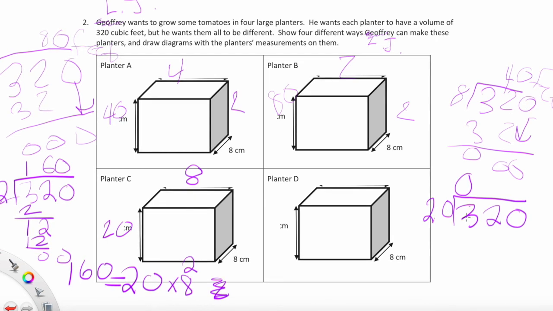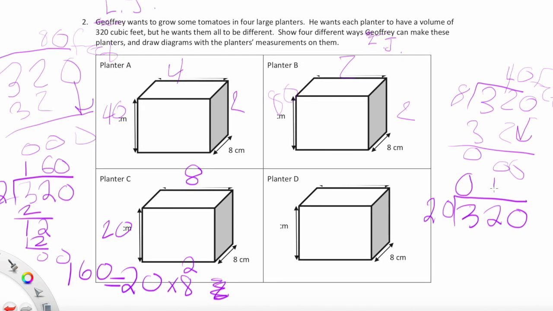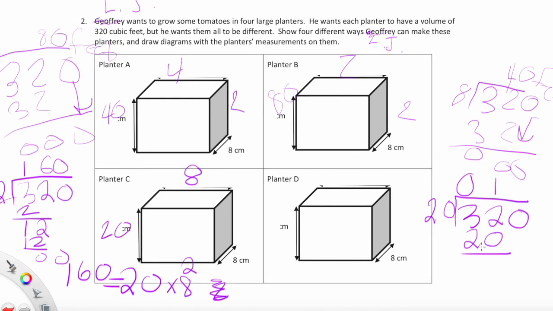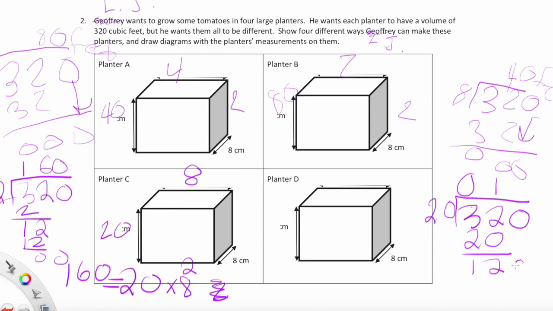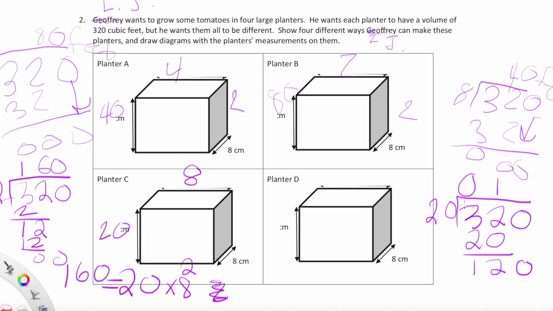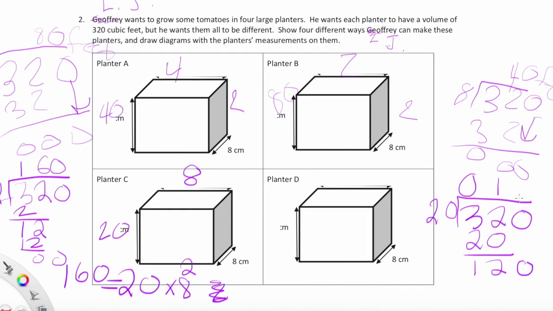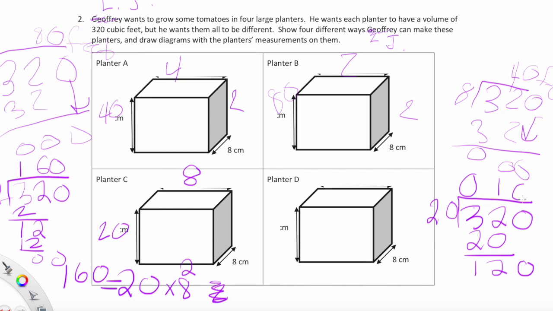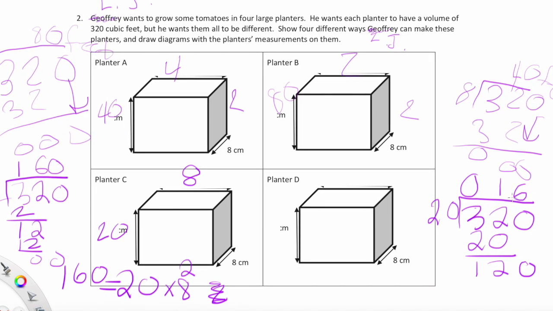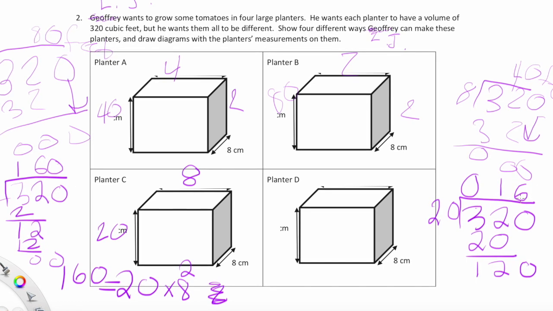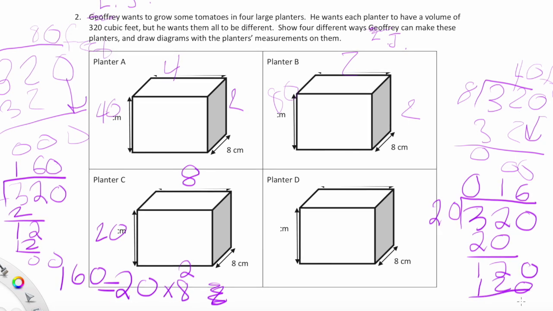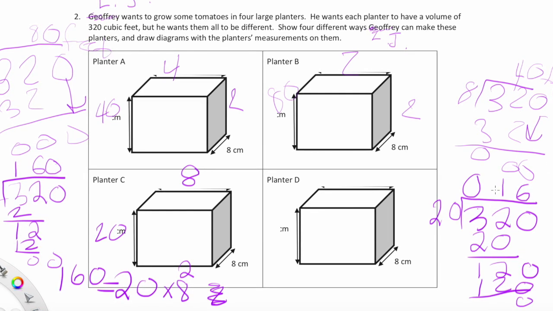So then you go to 32. 20 goes into 32 one time. 1 times 20 is 20. 32 minus 20 is 12. Drop the 0. 20 goes into 120 6 times. And 6 times 20 is 120.